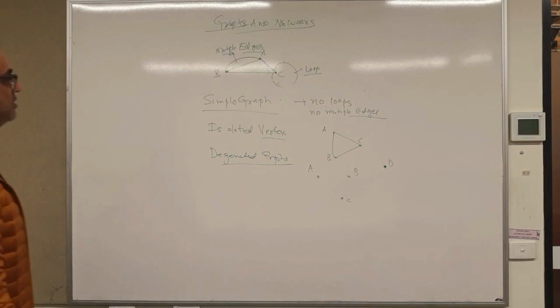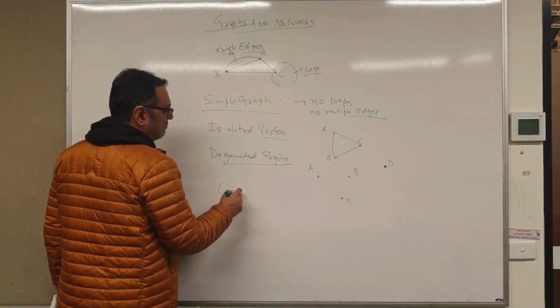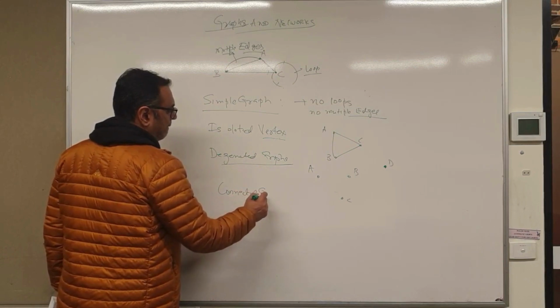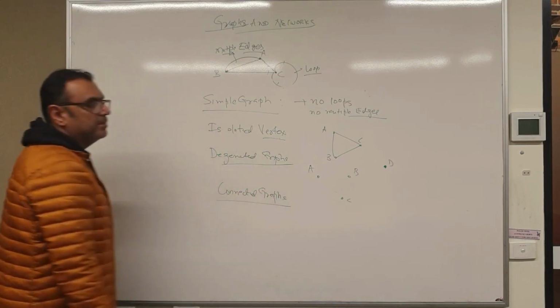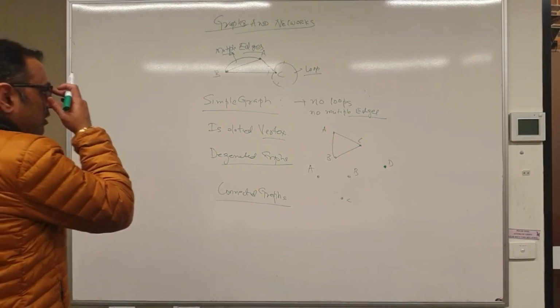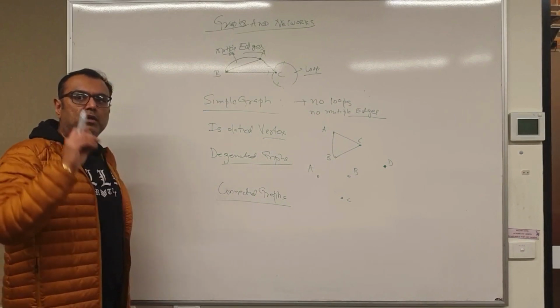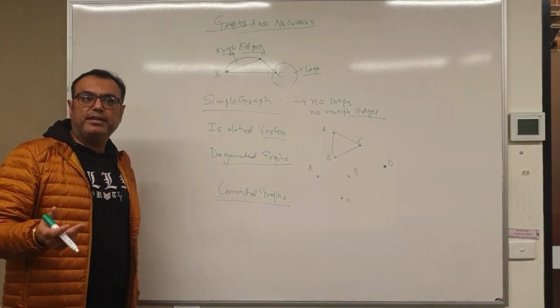Then there is something called a connected graph. Connected graphs are those graphs where you can reach from one vertex to the other either directly or indirectly.